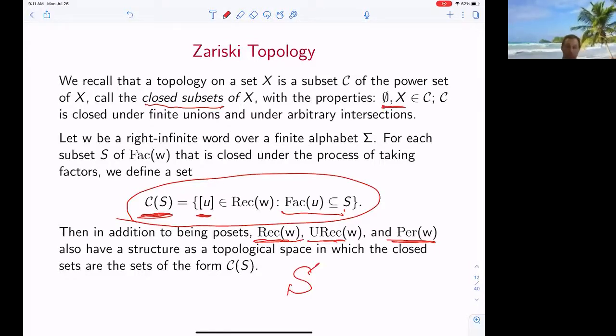So it has a poset structure and a topological structure. I should note that tot W doesn't become a topological space under this, because the union of two closed sets is no longer necessarily closed. You really need the recurrence property to get this.